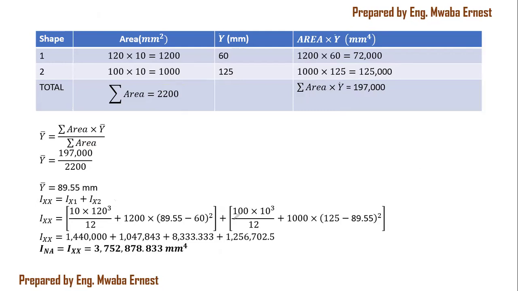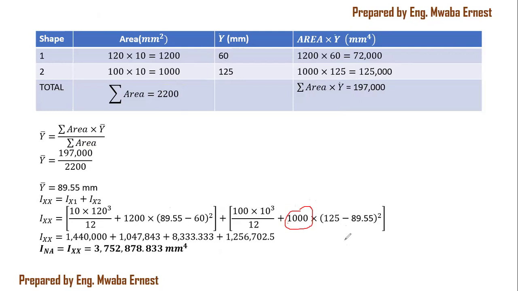We're doing the same even for shape number 2. b is 100. Our d for this particular shape is 10. So 100 times 10 cubed over 12 plus the area, which is 1,000; the other one was 1,200. Then open brackets, we're doing the same thing again.